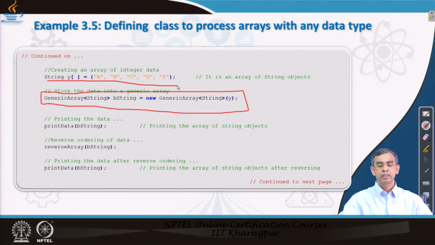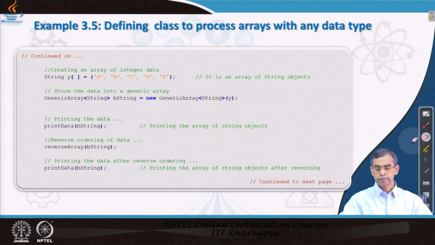We pass the string array here and then print, reverse, and again print after reversing, and you can see it is done the same way. We did not write any separate code for string; the same code which works for the integer array is now working for the character array.